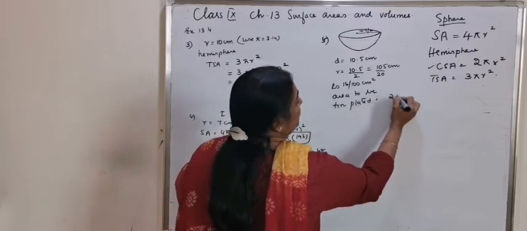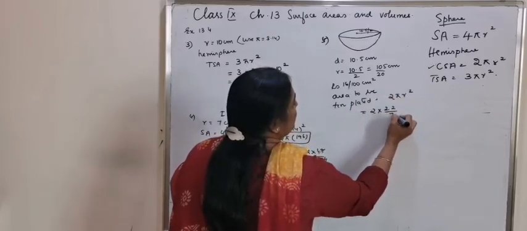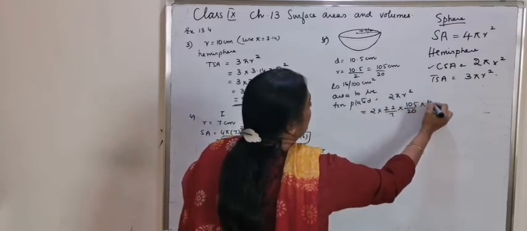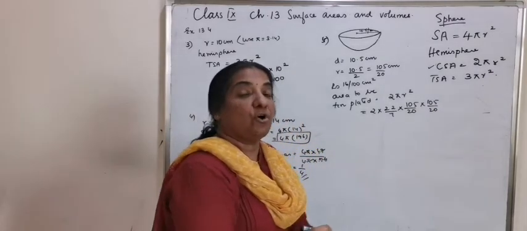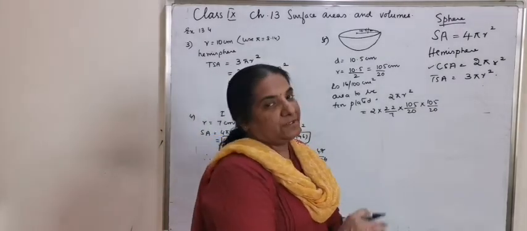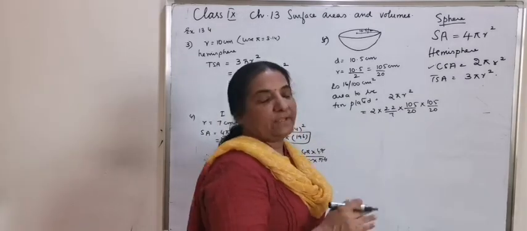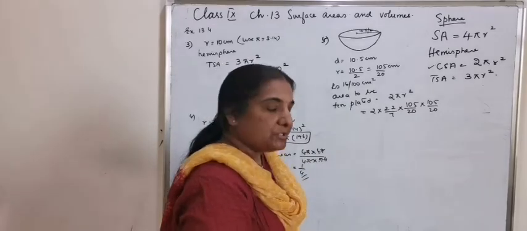is equal to 2 pi r square, which is equal to 2 into 22 by 7, radius is 105 by 20 into 105 by 20. Since the question is on cost, you may work out the simplification at the end, or you can calculate and keep. I will be working out all the simplifications together.